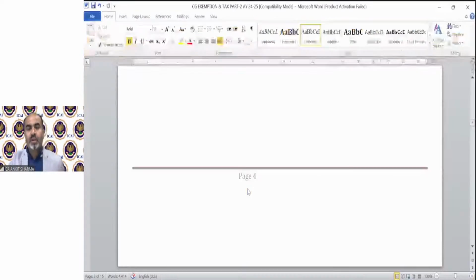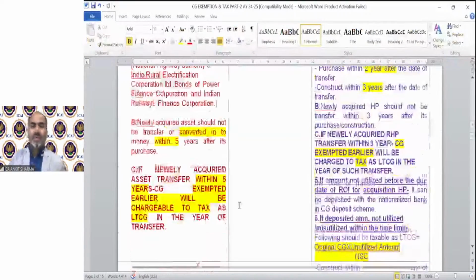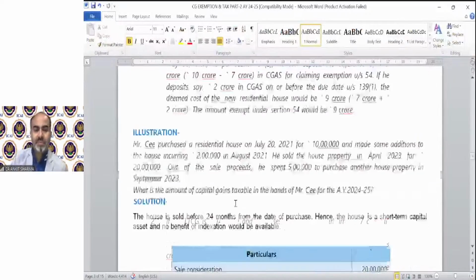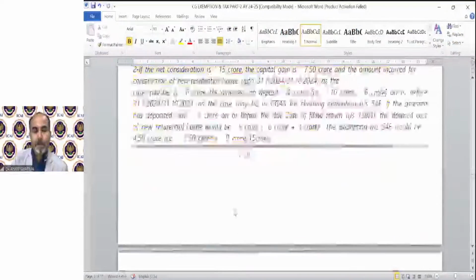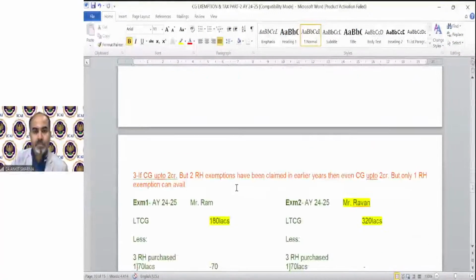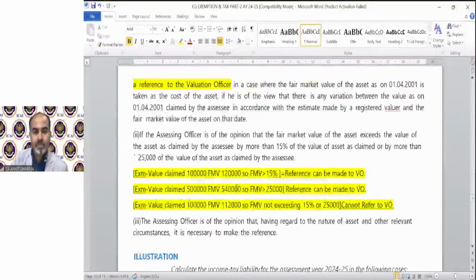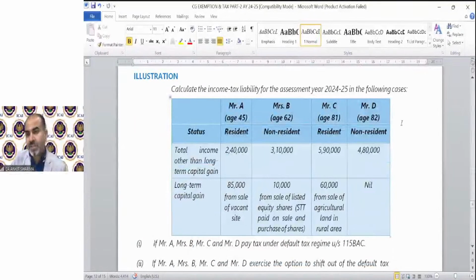One tax calculation question in this illustration. I will take the queries, don't worry. Calculate the income tax liability for the assessment year 2024-25.